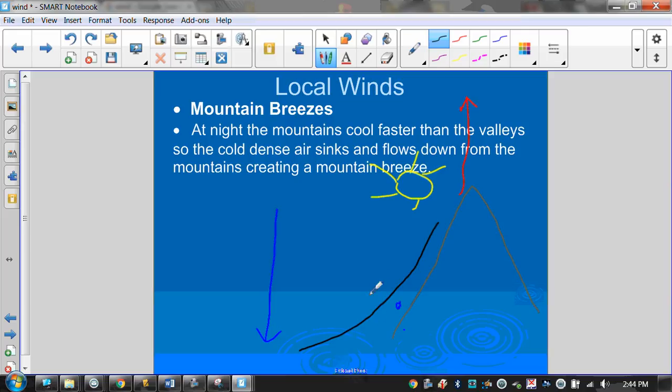It's going to act kind of like a chimney. It's going to draw that air up, and the air is moving up. So this is my area of high pressure, and this is my area of low pressure. So it just depends on if it's the daytime or the nighttime.